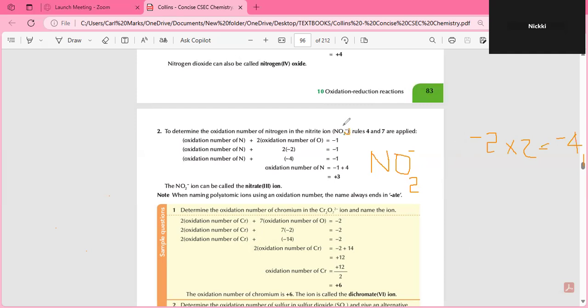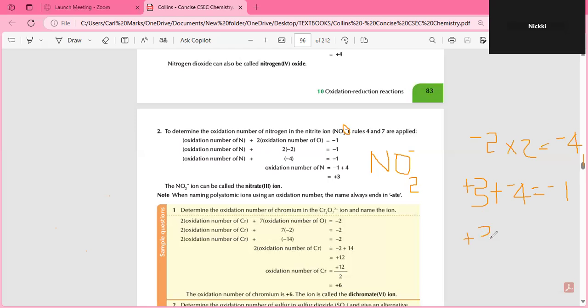The only way we can get that extra negative is if we have a +3 for the nitrogen, and we're adding it to the -4. So if you plug this in your calculator, you're going to be left over with -1. So in this one here, the nitrogen is +3.